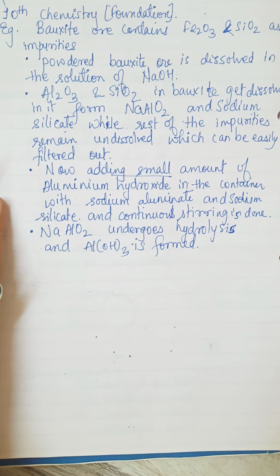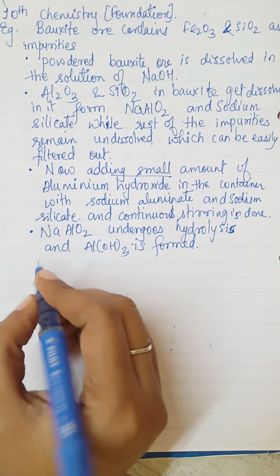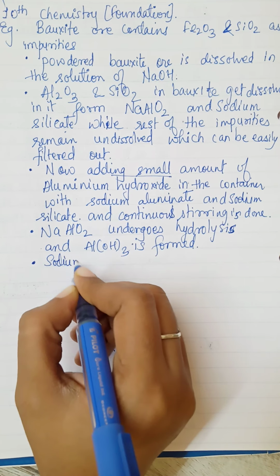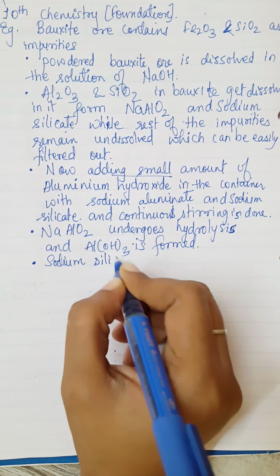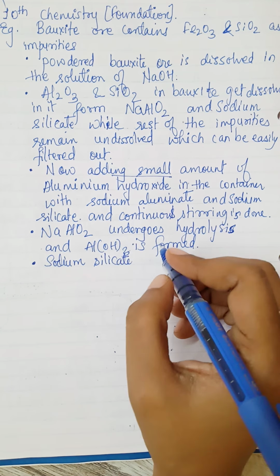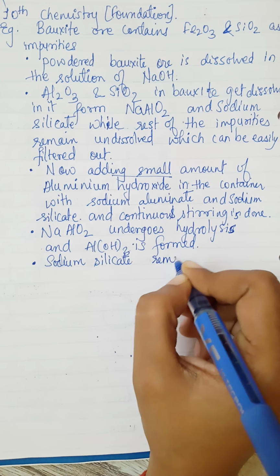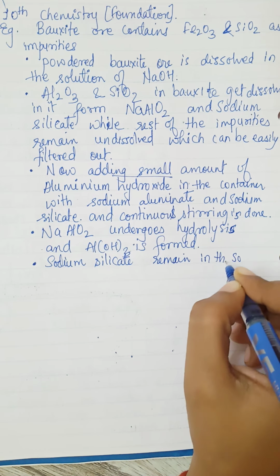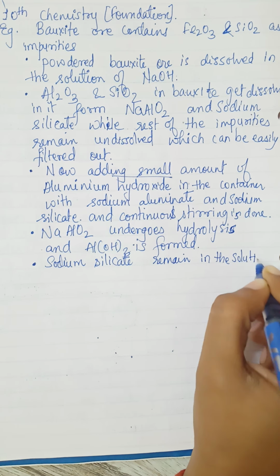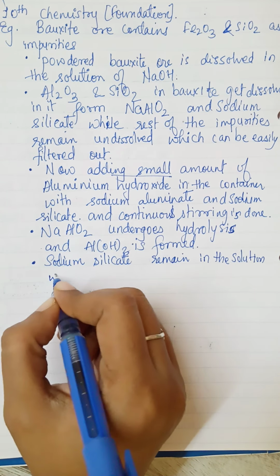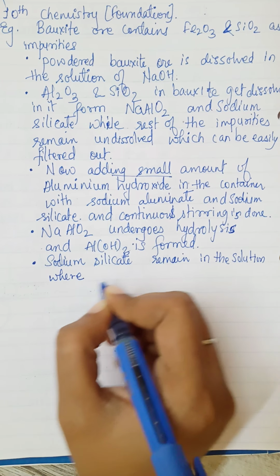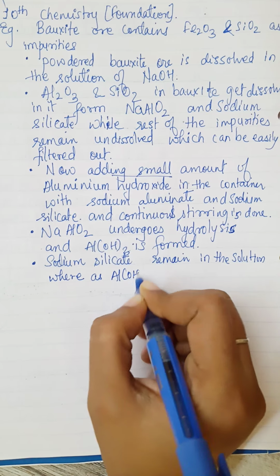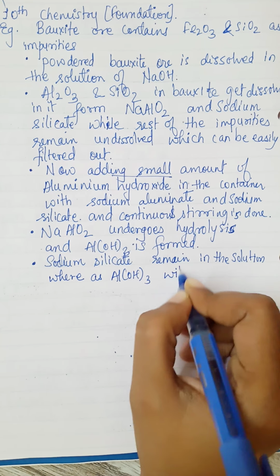So we'll say sodium silicate remains in the solution, whereas aluminium hydroxide will precipitate out.